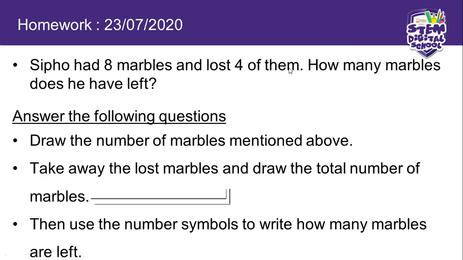Okay, nothing serious there. So draw the number of marbles mentioned above, and you take away the lost marbles and draw the total number of marbles. Then use the number symbols to write how many marbles are left.